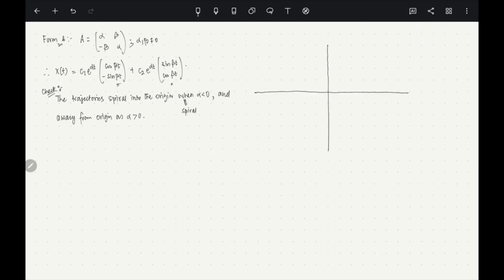You see, everything is coming towards the origin, so it is a sink. And this particular situation is called a spiral source. Why? Because everything is moving away from it. The origin is the equilibrium, so it's basically a spiral source, meaning it's moving away from the origin.